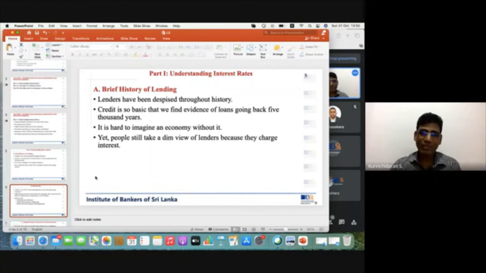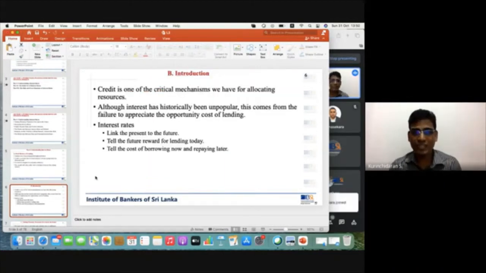So that's a kind of introductory session, for you to understand that credit is part and parcel of a financial system. As I said earlier, credit is one of the mechanisms we use to allocate resources. If you have capital as a resource, what is the allocating mechanism? It's credit, lending, right?